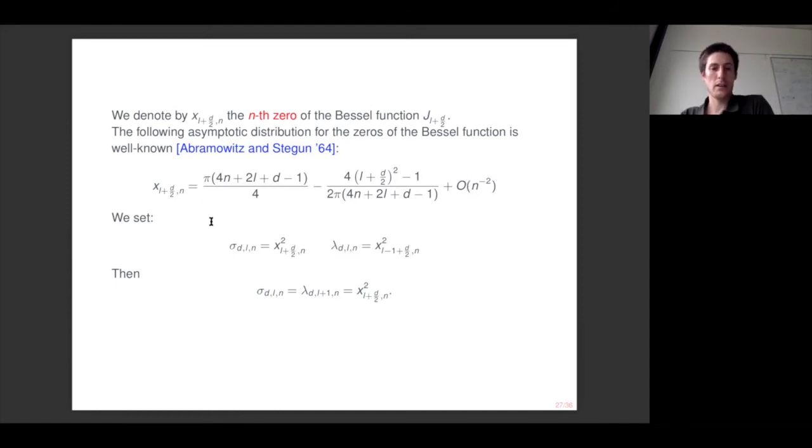A little bit of notation: we will denote by sigma_{L,n} the nth buckling eigenvalue corresponding to angular momentum L. We will do the same for the Dirichlet Laplacian. And of course, one has this relation here between buckling eigenvalues and zeros of the Bessel function.